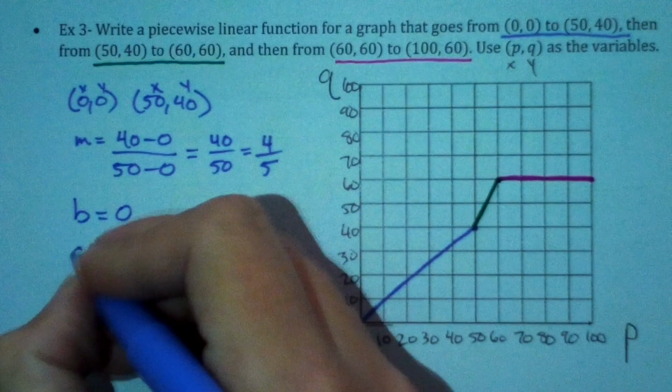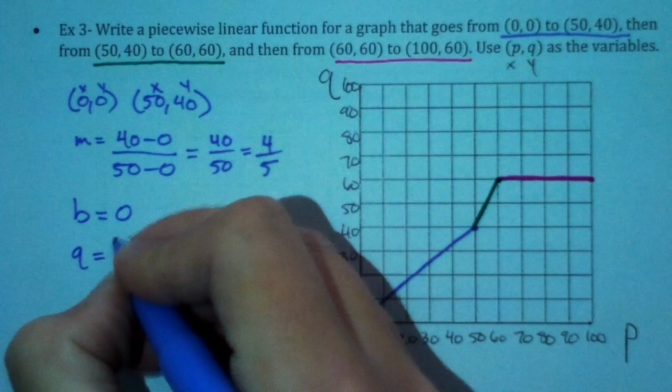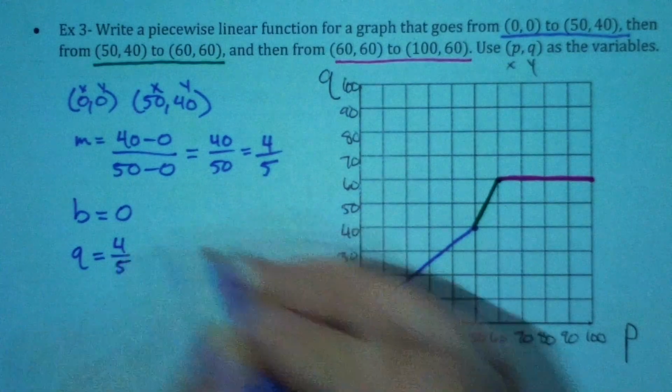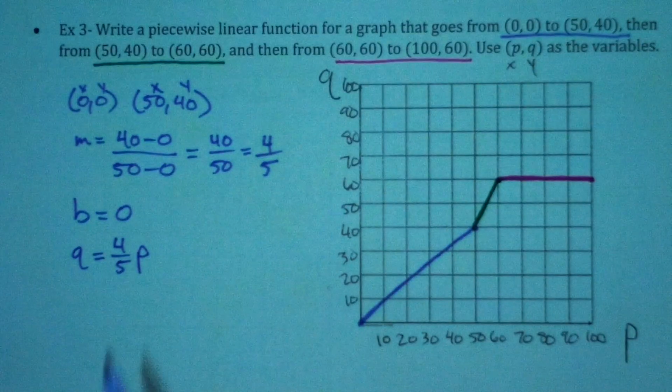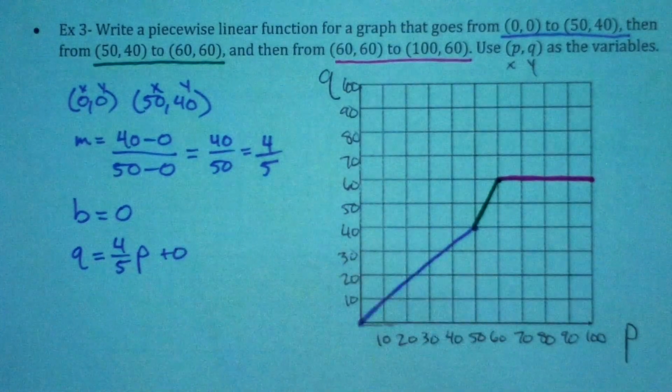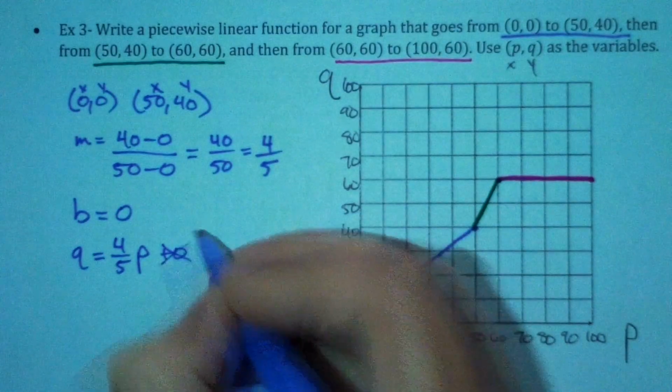So then we just start simplifying that out. So if I do 2 times 60, 120. So I'd have 60 is equal to 120 plus b. And then to get rid of the 120, subtract it. So that'd be negative 60 is equal to my b.